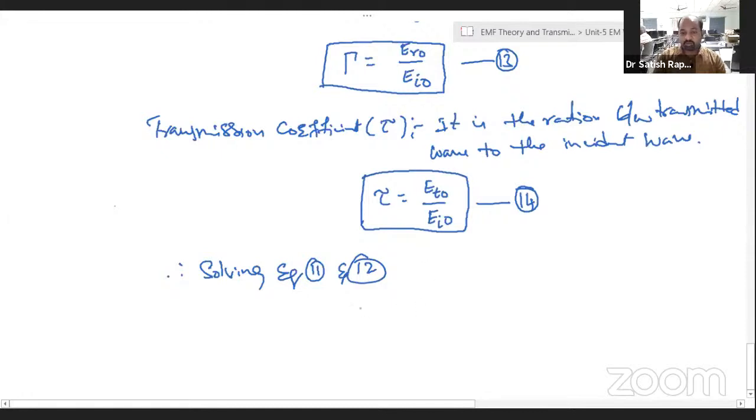So if you do so, the reflection coefficient will be eta 2 minus eta 1 by eta 2 plus eta 1. You solve it later.